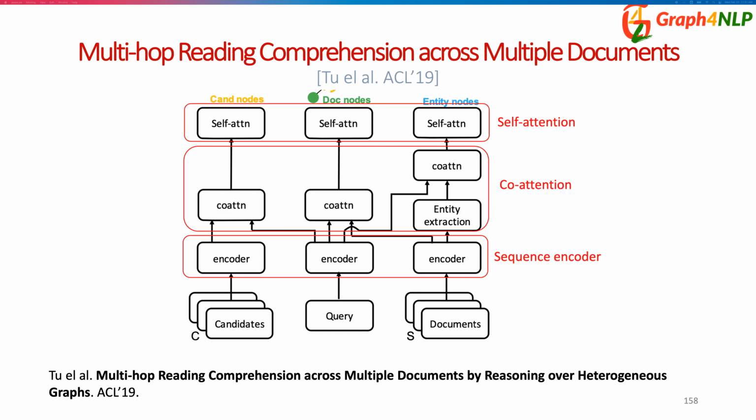The main difference is that the first paper I just mentioned only takes entity-level information into account. In this new paper, by Tu et al., they try to take information from different granularities into account. From candidate, document, and entities, it first generates query-aware candidate, document, and mention vector representations with co-attention and self-attention.